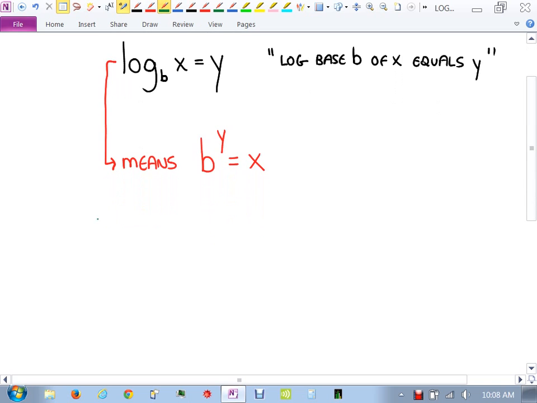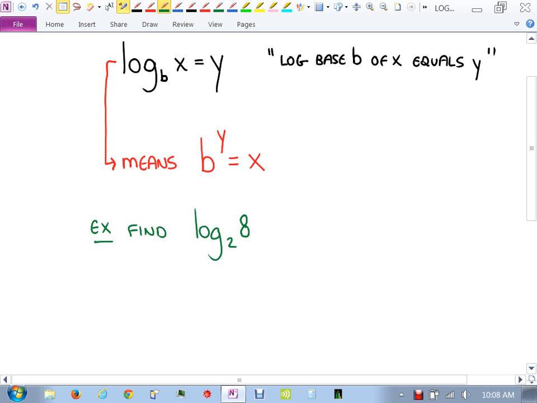So how about this? Find log base 2 of 8. What is this? Well, first thing I'm going to do is write it as an equation.